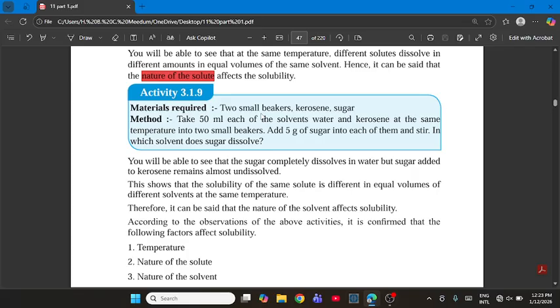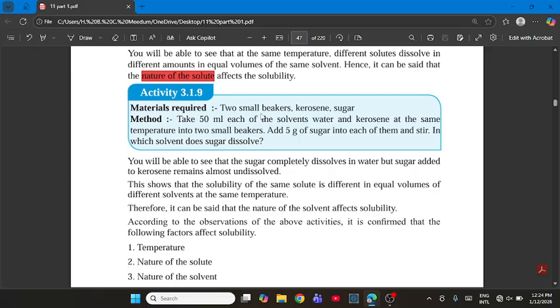Here we use the same solute, sugar, and 2 solvents, kerosene and water.